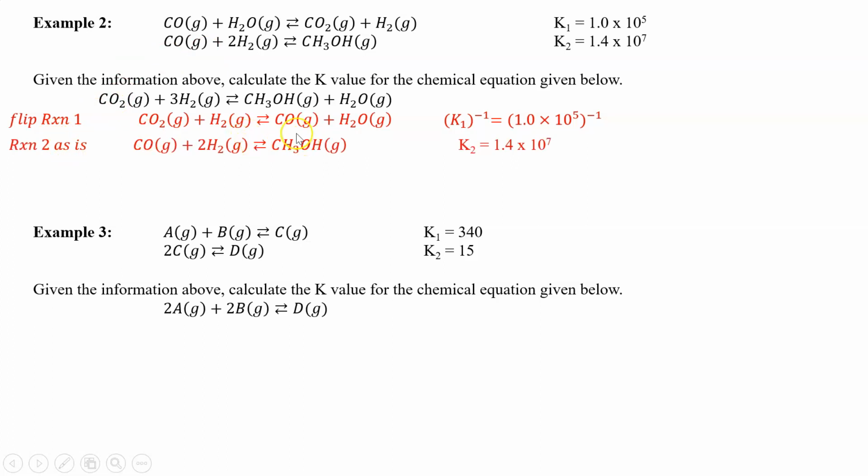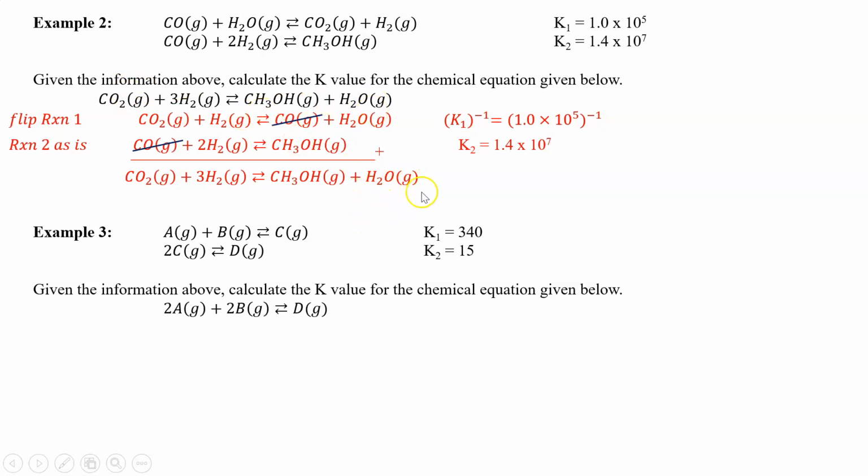We can check our work, and the K value stays the same because we did not flip it, we didn't multiply by anything. It's the same as it was. Check our work by seeing if everything cancels out to give us the reaction that we have right here. So the CO and CO cancel out. When you add them together, you get CO2 plus 3H2 yields CH3OH plus H2O, which is the exact same equation we have above.